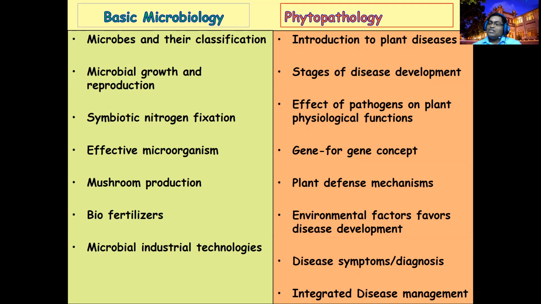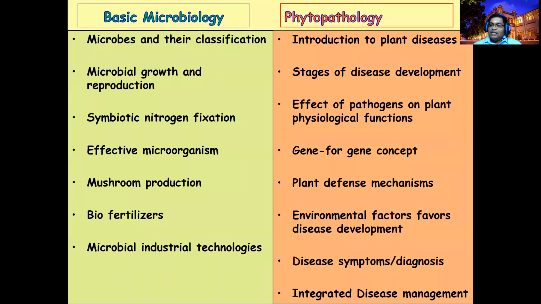So the pathogen is selecting the host because of certain preferences of these microorganisms. How they select the host means certain genes are involved in the pathogen. That recognizes the signal produced by the host plant. The signal may be proteins, may be chemicals, because of genes present in the plant encoding those proteins or chemicals.